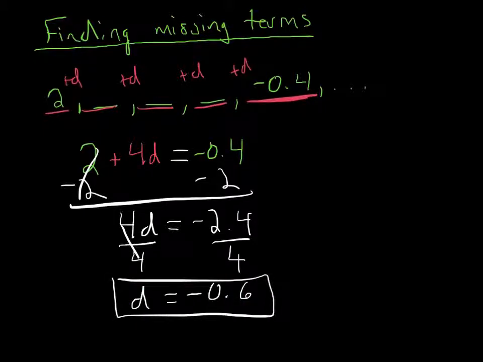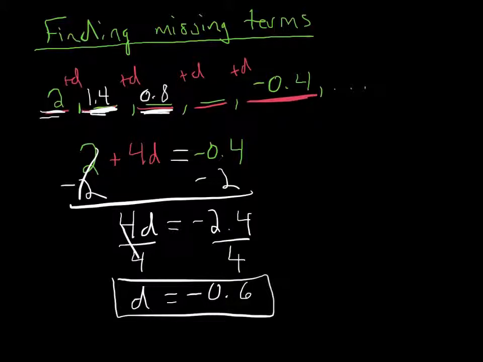And now what we need to do to find the next terms is, to get from the 2 to here, we'd add negative 0.6. Well, 2 plus negative 0.6, this is basically the recursive formula, isn't it? So we look at the previous term, which is the 2, add negative 0.6, which would be 1.4. We add another negative 0.6 to that 1.4 to get right here, and that would get 0.8.